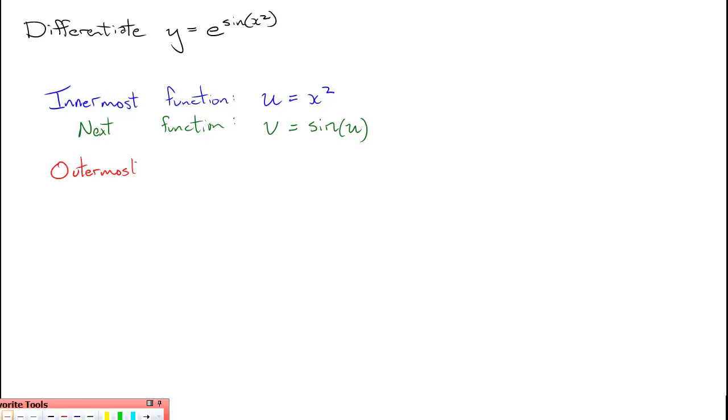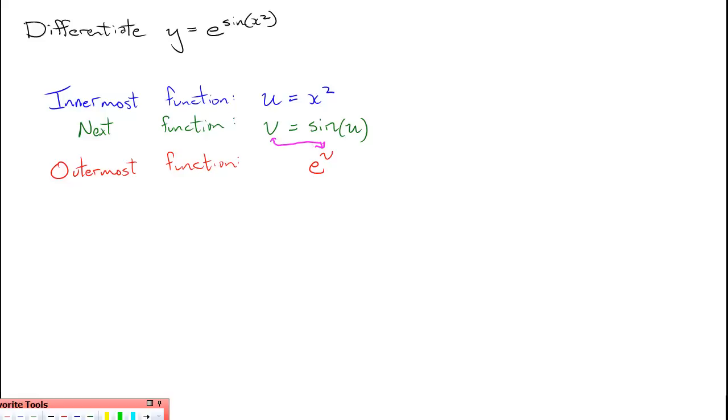So now let's jot this down. The outermost function is the exponential function. And same as before, we could write e to the x, but I'm going to write it in terms of the last letter we used. So I'm going to write e to the v, matching up the last letter I used for the previous function.